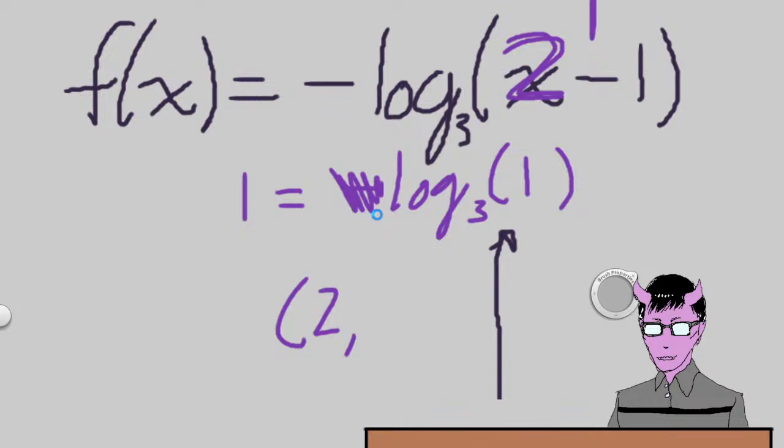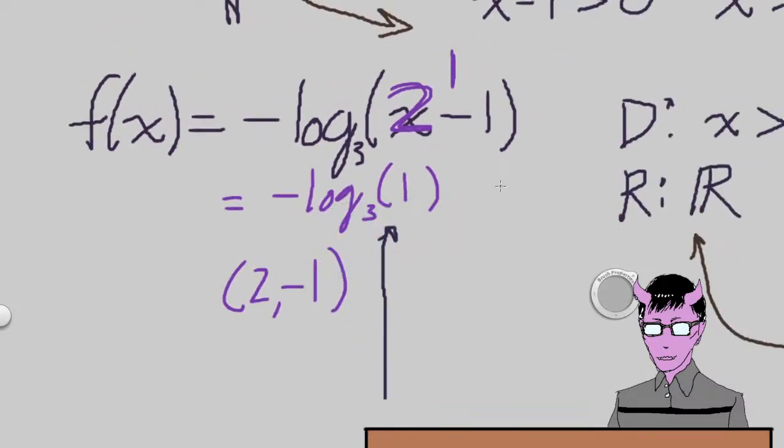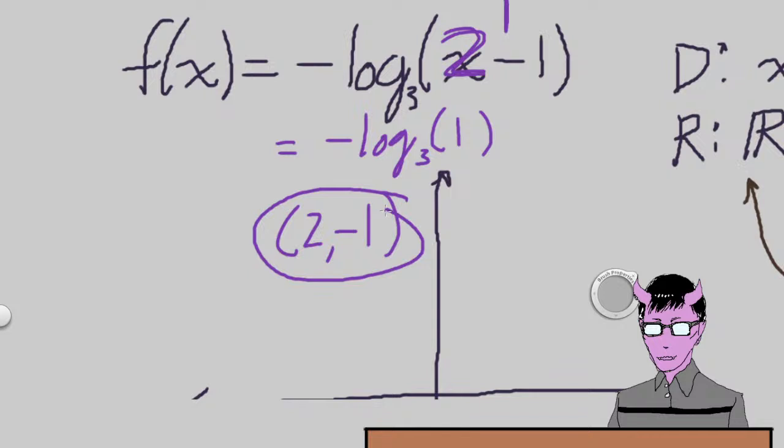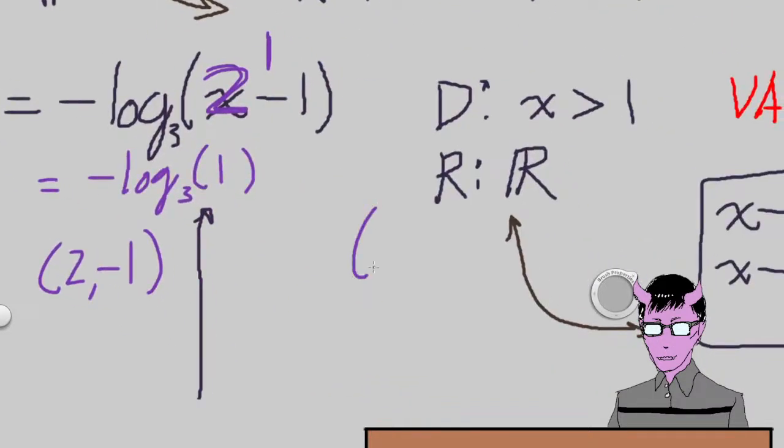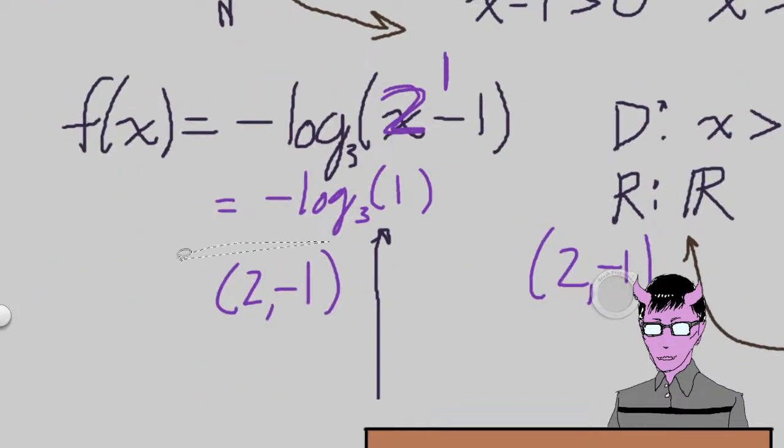But since we do have that negative, it forces this one to be negative 1. So yes, it's 2, comma, negative 1. And that's good. So this could be anchor point number 1 in order to have an easier time sketching the graph of the function.